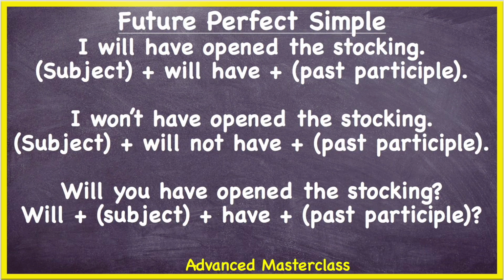And the structure, I will have opened the stocking, is subject plus will have, and then plus past participle. Okay, it's not just the base verb. It's not an ing, continuous verb. It's the past participle. Now, what is a past participle?